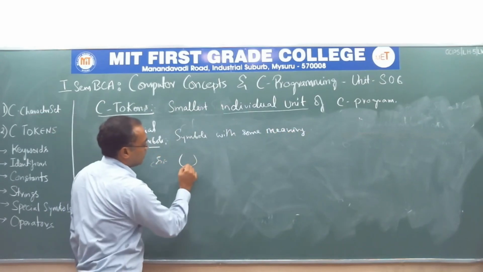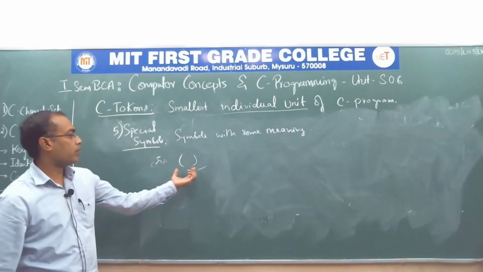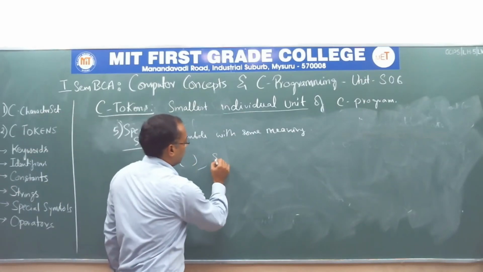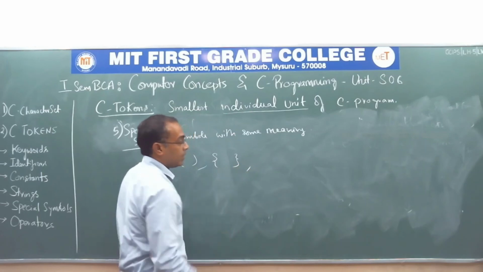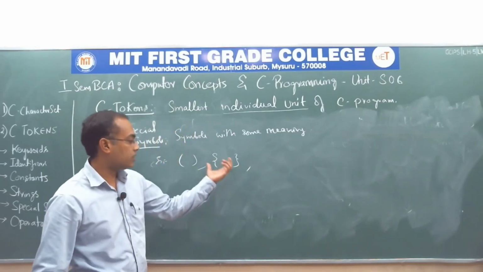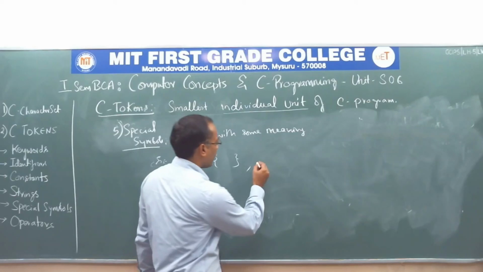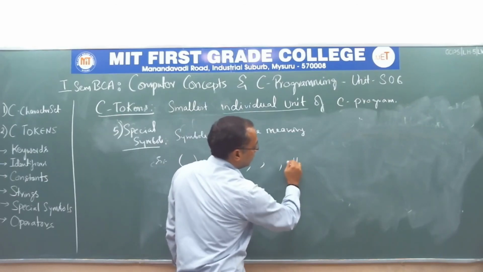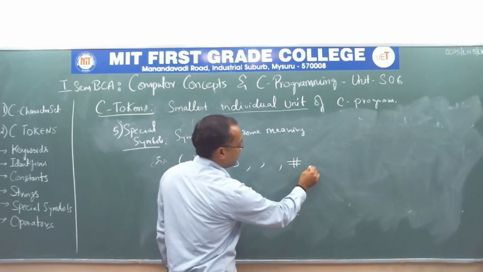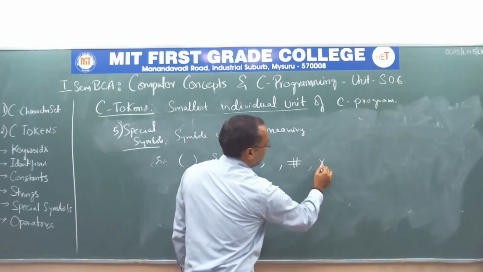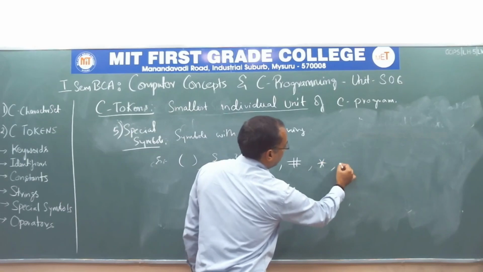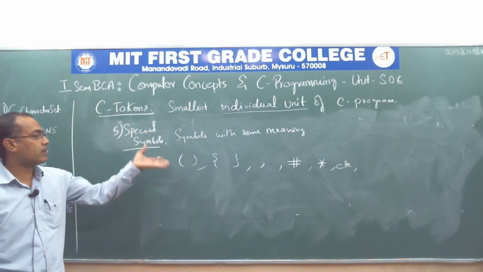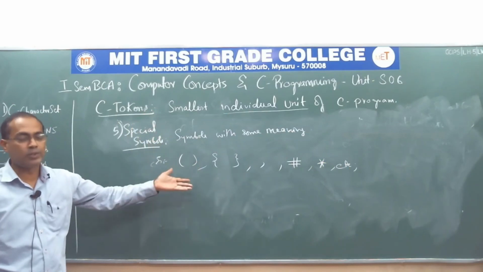Parentheses, which indicate a function; opening and closing curly brackets, which are used for a statement block; quotes; a comma, which is used to join; hash, to include the preprocessor directive; star for a pointer, etc. These special symbols have some predefined meaning for their usage.